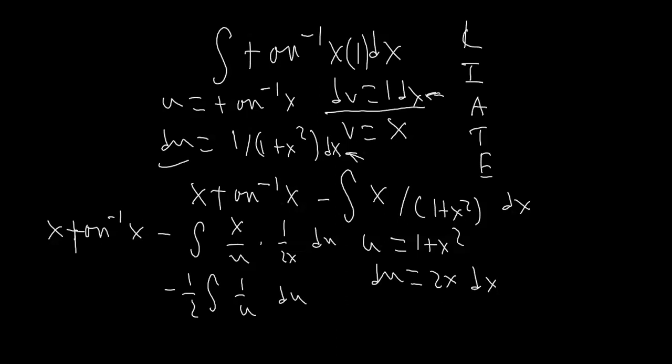Now we have our answer, because all we have to do is solve for 1 over u and then plug u back in. So the integral of 1 over u is ln. So now let's rewrite this here, meaning our answer is just x times tangent inverse x minus 1/2 times ln, remember absolute value, of 1 plus x squared, plus c. And that's your answer.